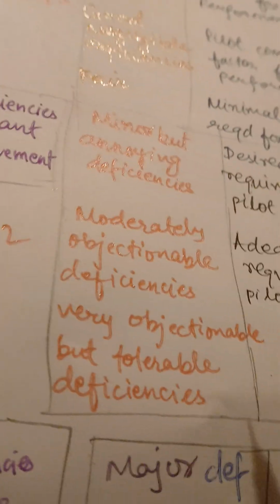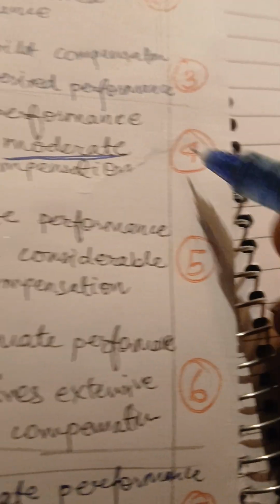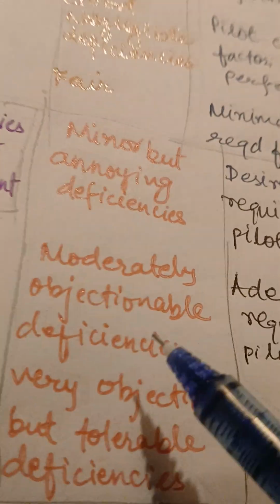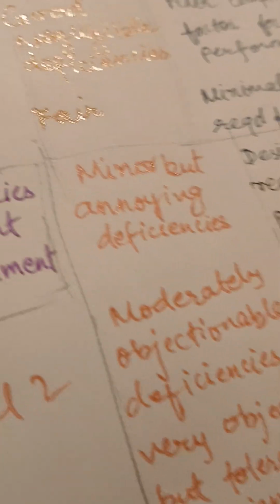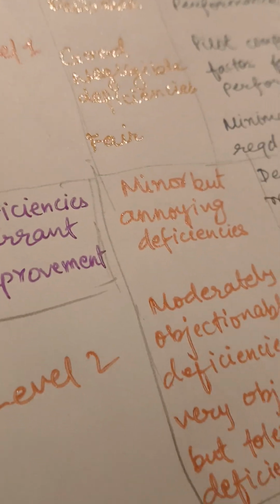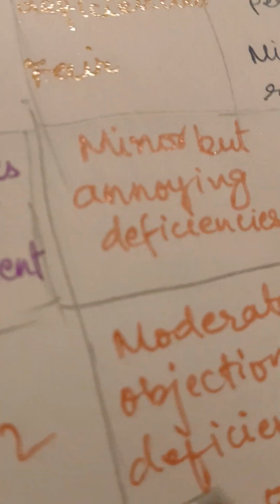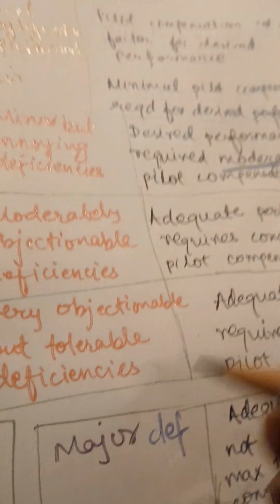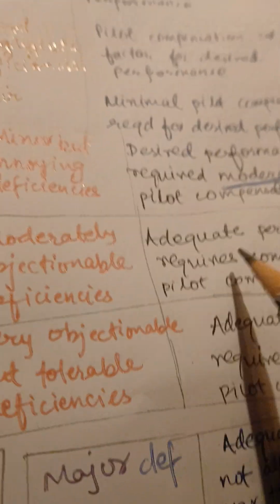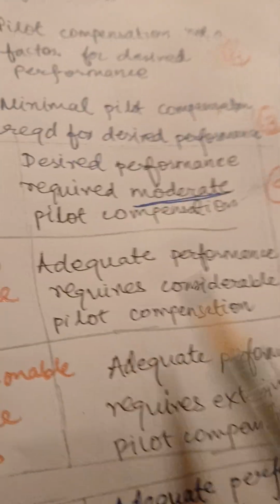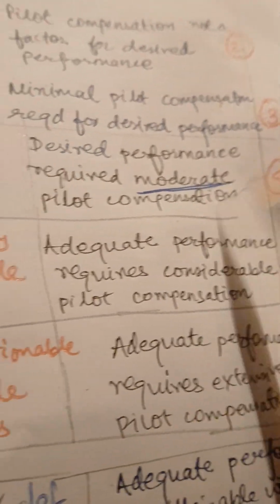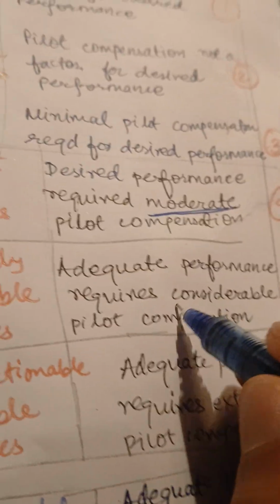Now moderately objectionable deficiencies. Here adequate performance requires considerable pilot compensation. Earlier the keyword was moderate, and this is considerable.